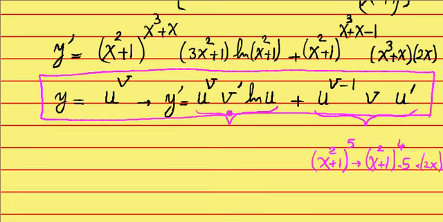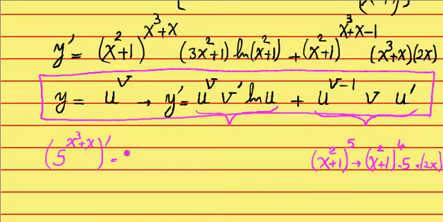Well, what's the meaning of this portion? If you had an expression like this, say 5 to the power of x cubed, let me write it further back so I have room. If you had 5 to the power of x cubed plus x, and you wanted to differentiate that, what would you do?